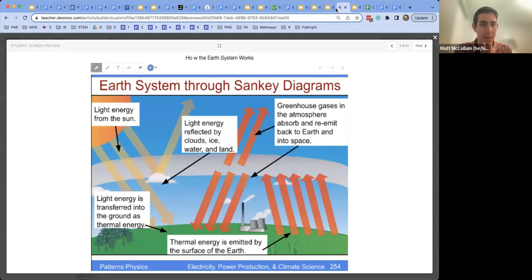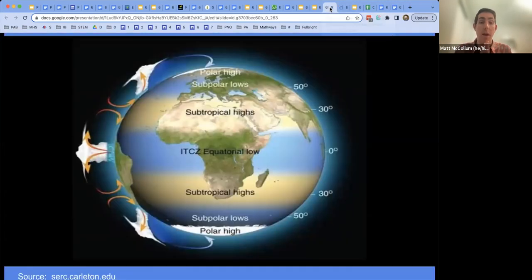The other piece that I wanted to say before going on is students do have a little bit of background on this from the climate impact criteria that we mentioned at the beginning. They were looking at how greenhouse gases affect the climate from different energy sources such as coal, natural gas, hydroelectric, things like that.